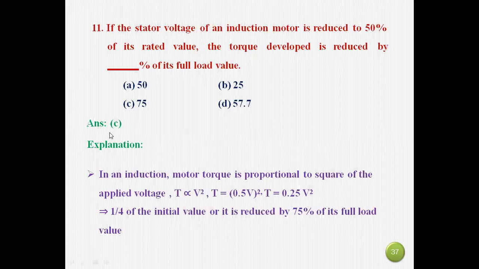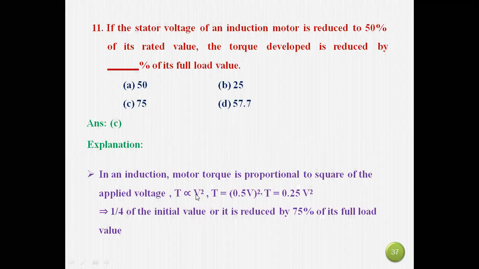So here that value is 1/4 of its initial value. Here you are getting 25, so we can take that it will be reduced by 75% of its load value. So you will get the answer. Because we have torque directly proportional to V square, not V2, V square.